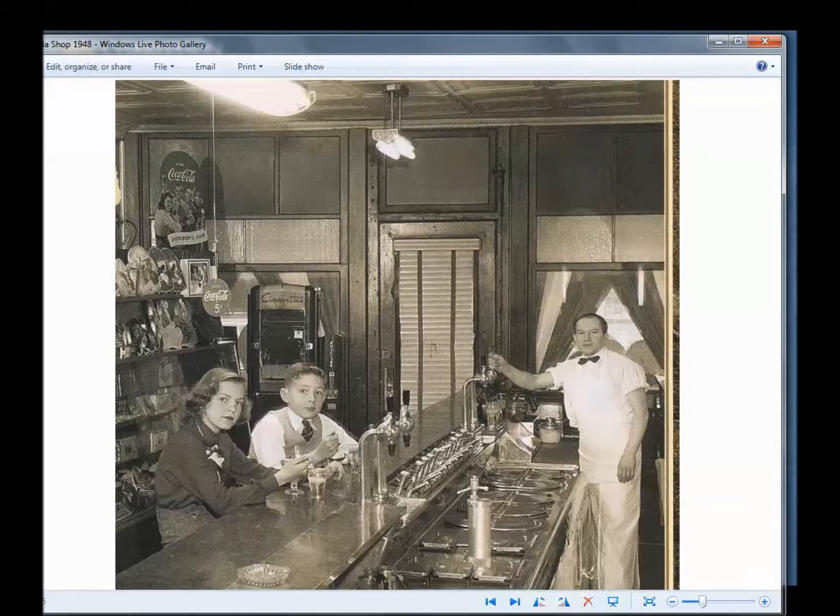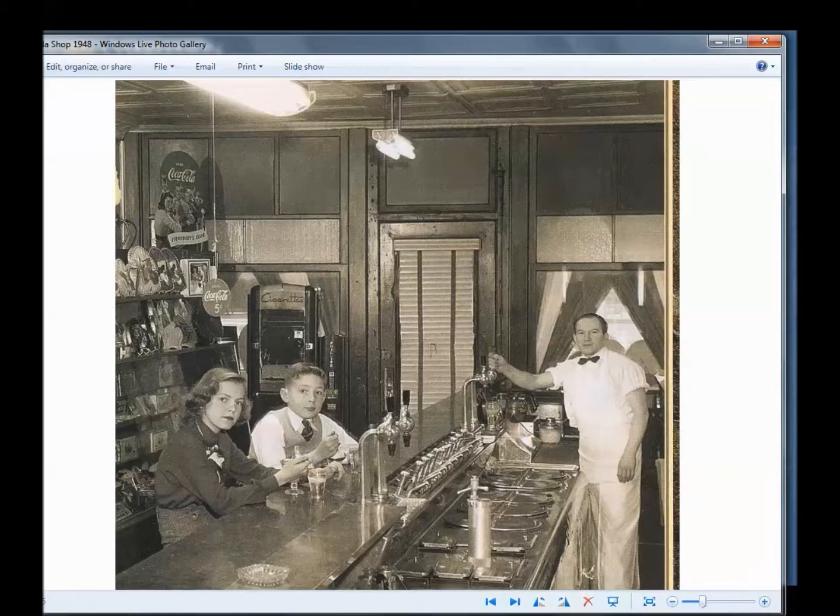In those days Cokes were really small, where nowadays even a 12-ounce Coke is kind of considered a tiny one. So to really adjust it for the quality change that's occurred since 1948, you should probably multiply that 48 cents by at least 2 to get it up to 12 ounces, which would be about $1. And even at $1, it seems a little cheap to me, but maybe not.